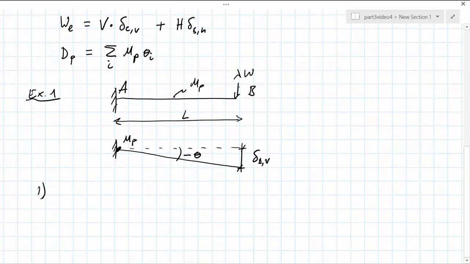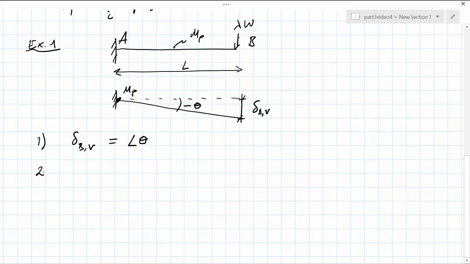Firstly, the displacement can be calculated. Delta B comma V is simply equal to the length of the beam times its rotation. Secondly, the external work done by the load, WE, has to equal the internal work done at the plastic hinges, or DP.